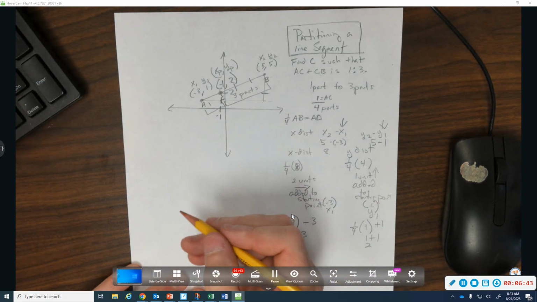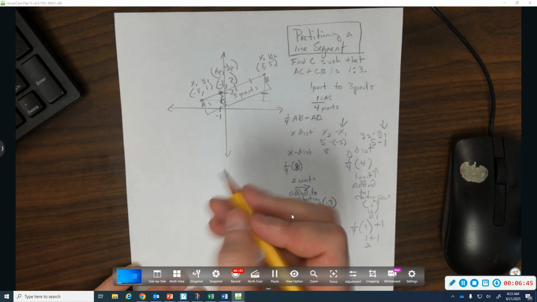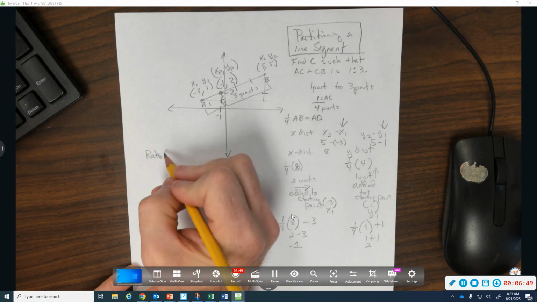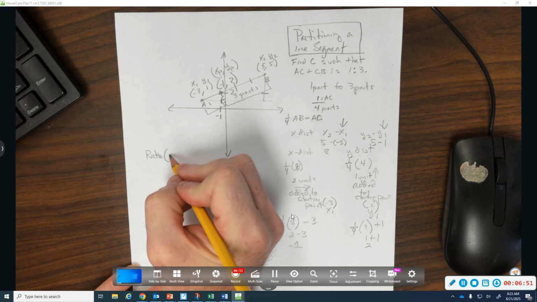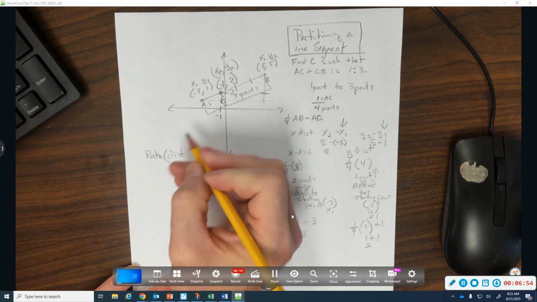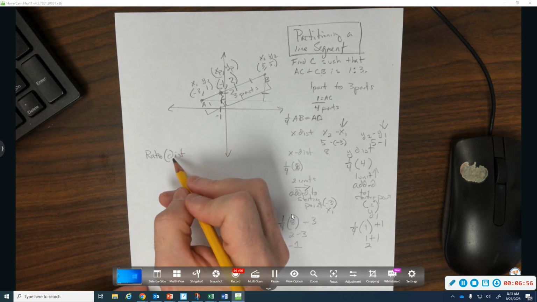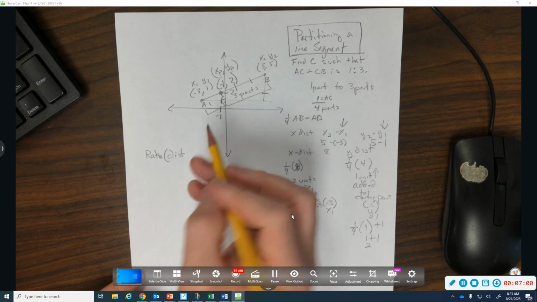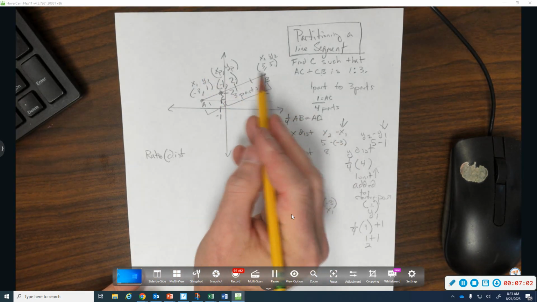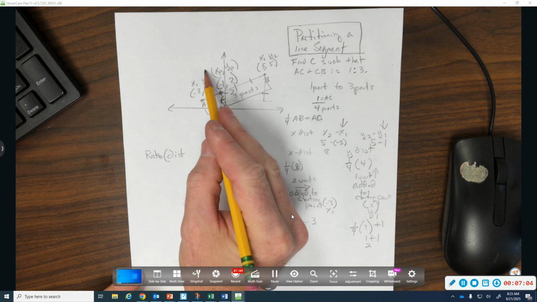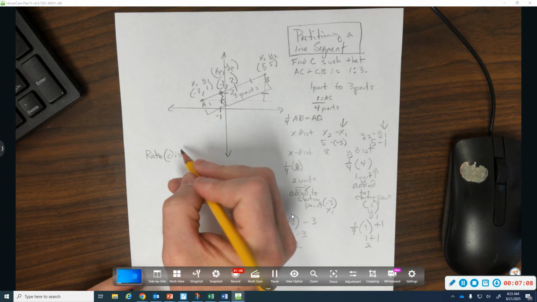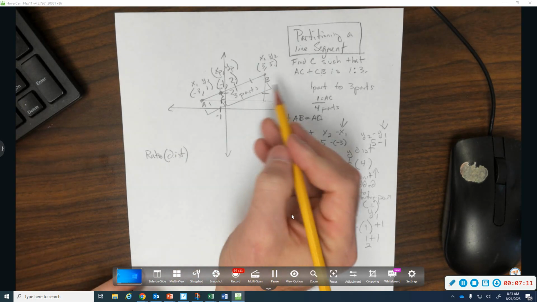So we can generalize a rule that will work every single time. We can take the ratio of the partition times the distance, and it's important that we use the direction of that distance. So if we are going negative, like if I was going from B to A, I would have to say it's -8, right? And then also down -4. That will be important for when we do go in those directions.